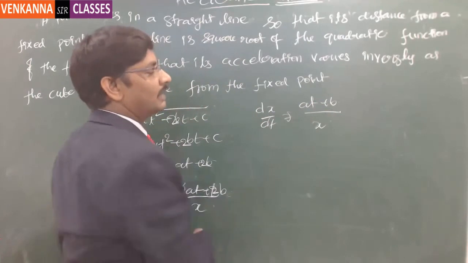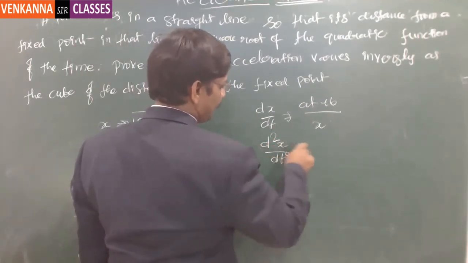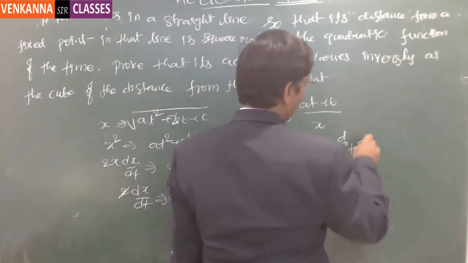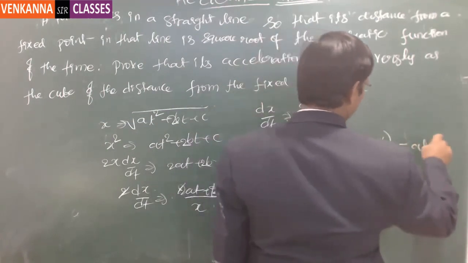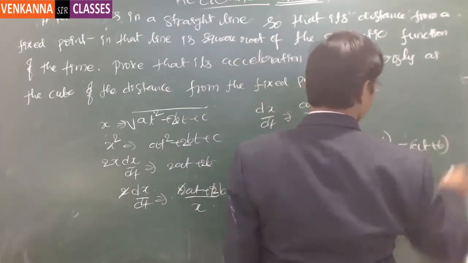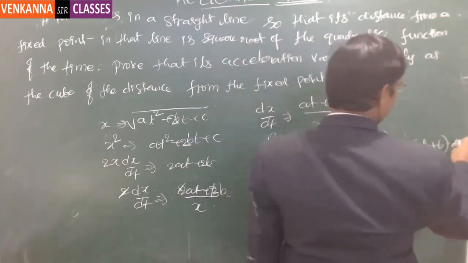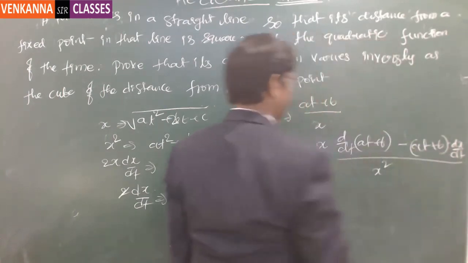Here, if you take the derivative of this again, d square x by dt square is equal to x into d by dt of at plus b, minus at plus b times dx by dt, divided by x square.